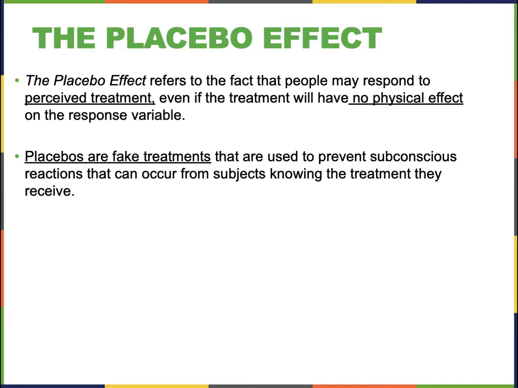Just like we saw before. If you give a patient a pill and you tell the patient that pill is meant to alleviate their pain, they might process this and have a psychological effect that makes them feel like they have less pain, when in reality there was nothing inside the pill.